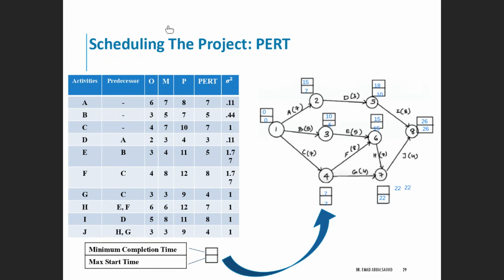كيف أوجد الكريتيكال باث؟ أشوف الفاليوز المتطابقة. هذه value متطابقة، هذه value متطابقة here 22، وعندي هنا value متطابقة there is here, and there is here.